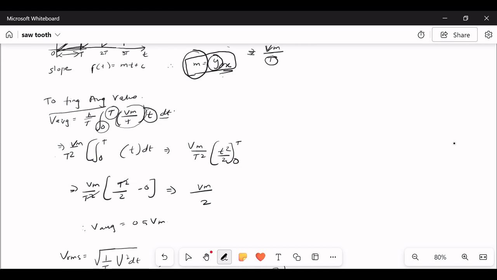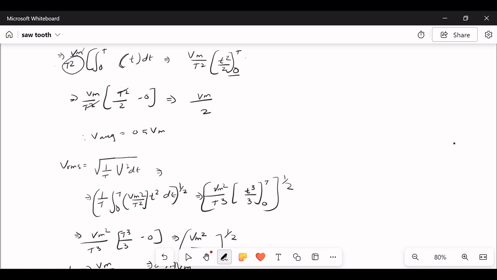When we integrate that, Vm by T is a constant value, so we take it out of the integration. There is one T and another T, so it becomes T square. Integration from 0 to T, we integrate t with respect to dt, so the integration of t becomes t square by 2 from 0 to T.